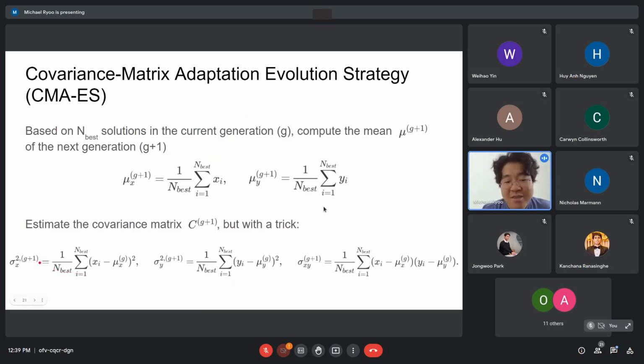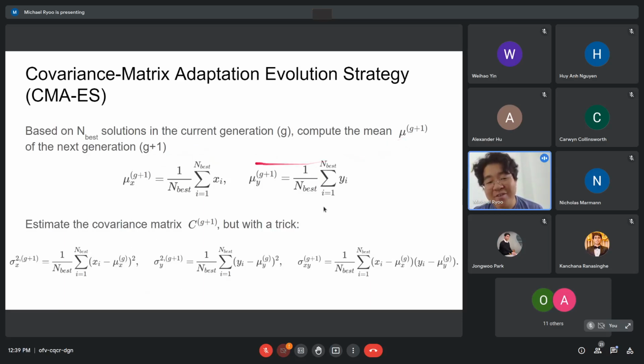And how do we compute it? Well, that's not easy, but here we are using a particular trick. We only consider individuals which are the n best. And based on these n best, we compute the covariance matrix based on the previous mean. This is a trick because until we really update the mean and the variance for the future generation, we cannot really sample.